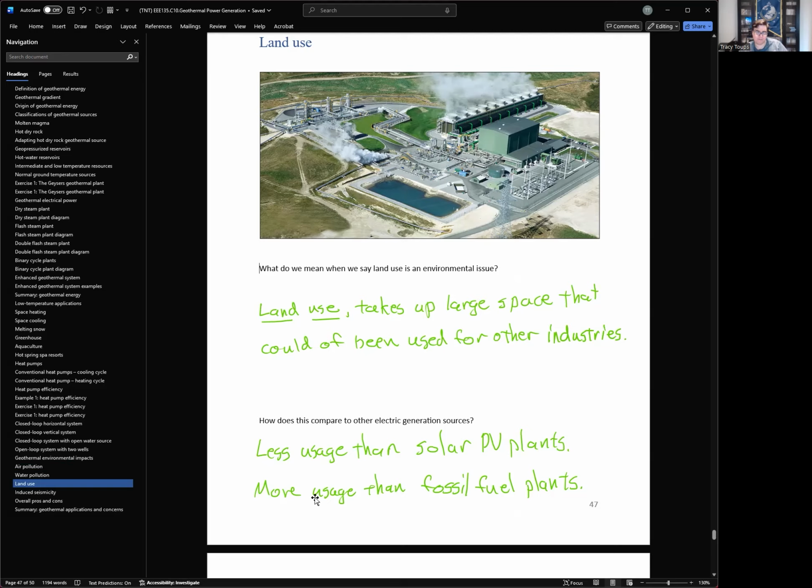But this uses more space than a fossil fuel plant. Fossil fuel plants are very compact. Right? That's why people like them. And so that's the kind of trade-off we take. So honestly, geothermal is kind of in the middle. It is definitely bigger than traditional fossil plants, but it's much less than solar plants. I think I could live with that middle ground.